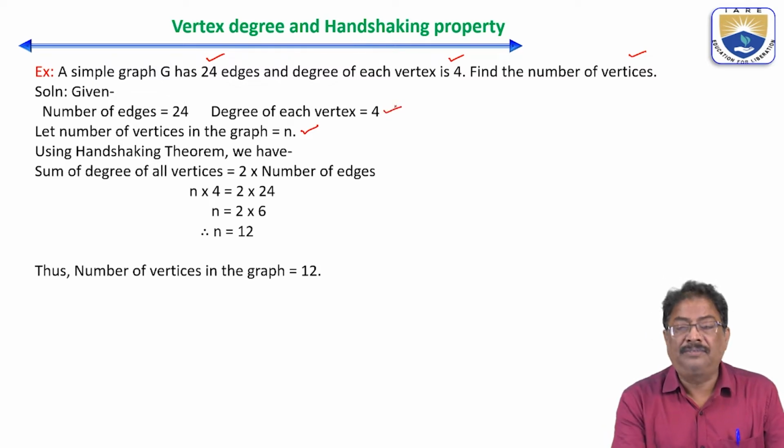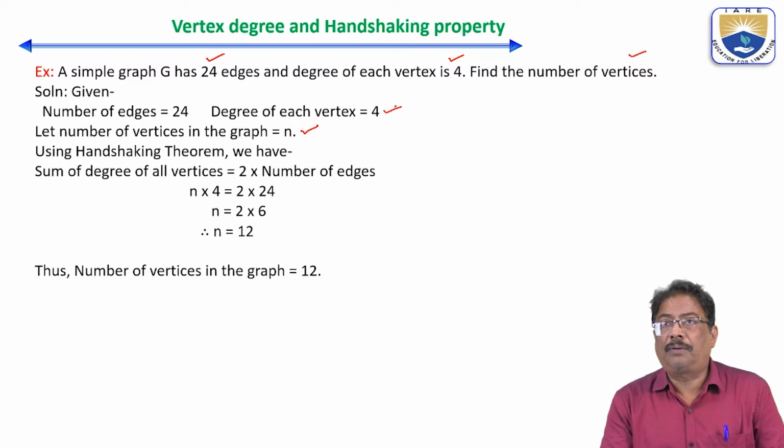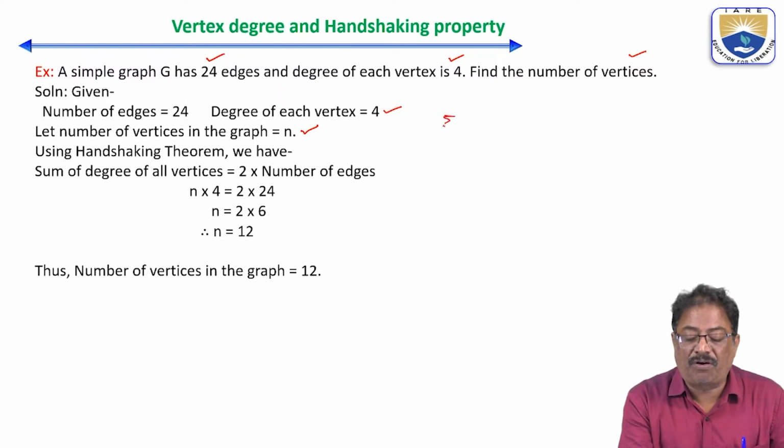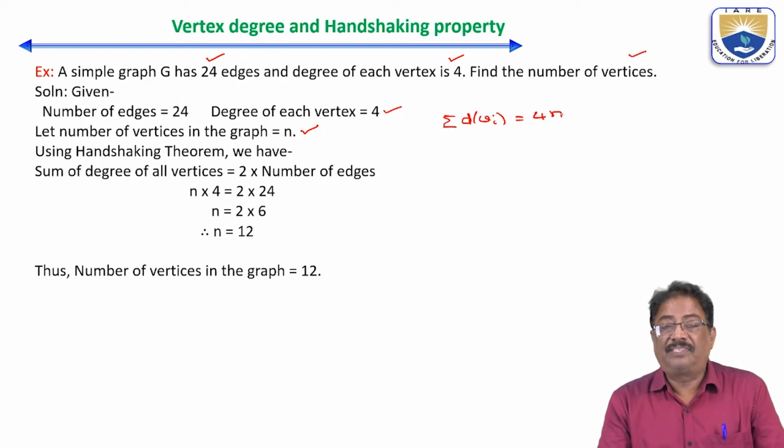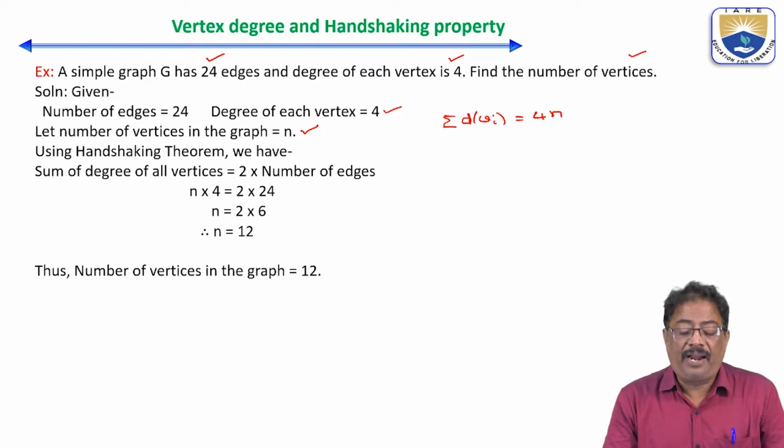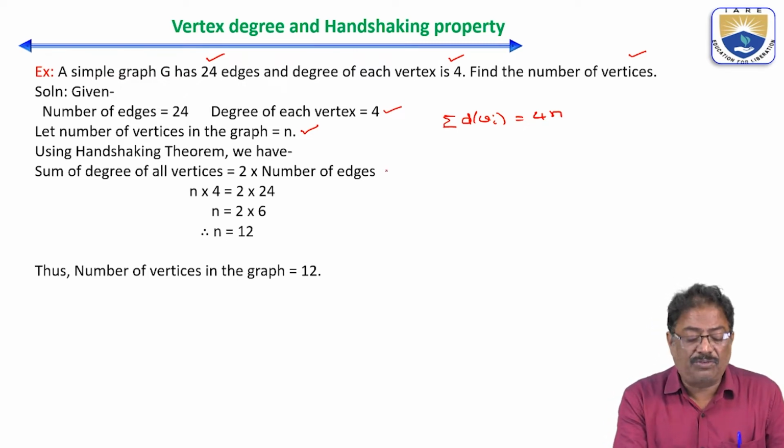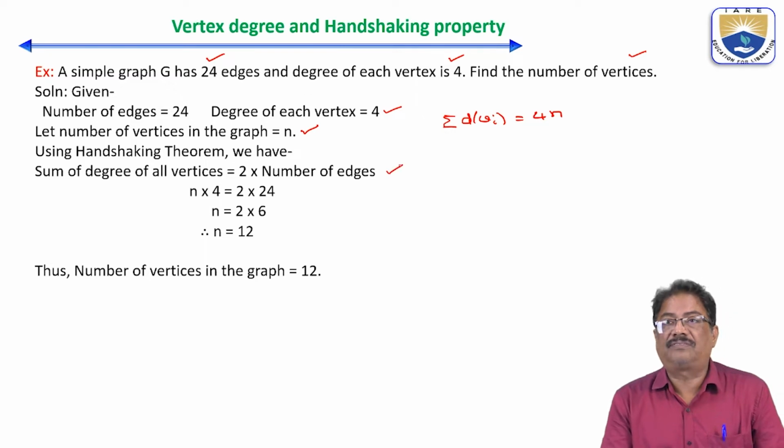So the sum of the degrees of all vertices is 4n.